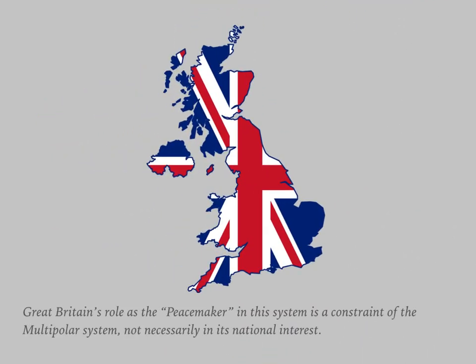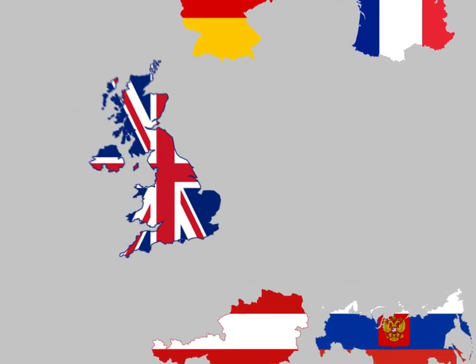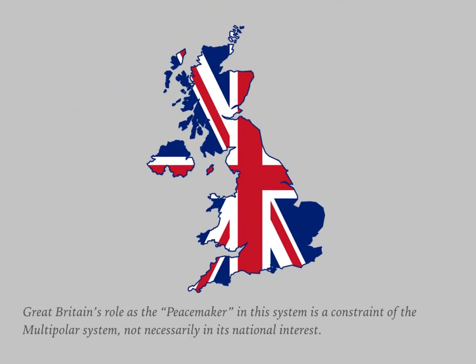Great Britain, however, is a peacemaker, switching sides depending on which side gets more or less powerful in order to maintain the balance. So if Germany or Austria become more powerful, then England will ally with France and Russia in order to maintain balance. But its role as peacekeeper is a constraint of the system.